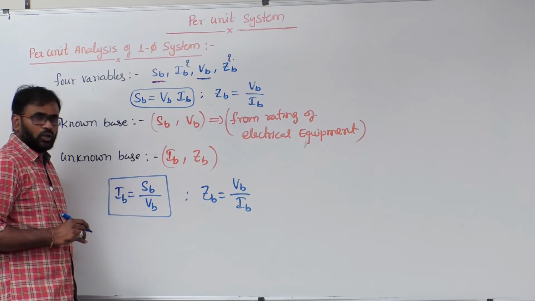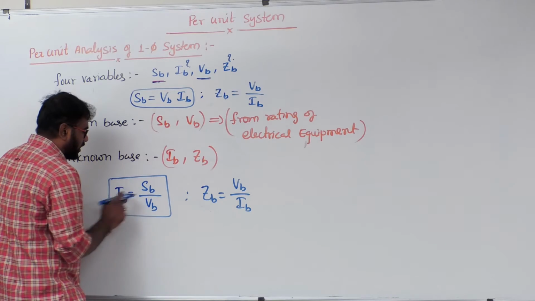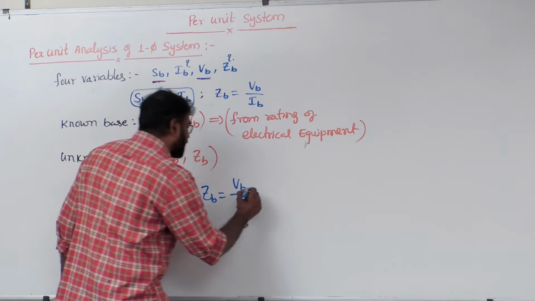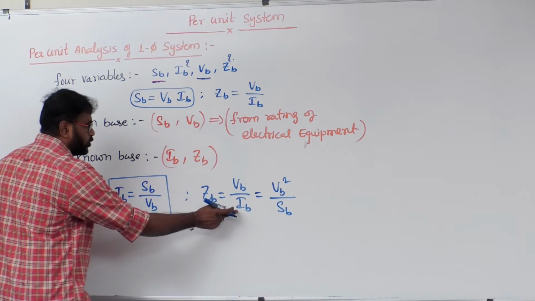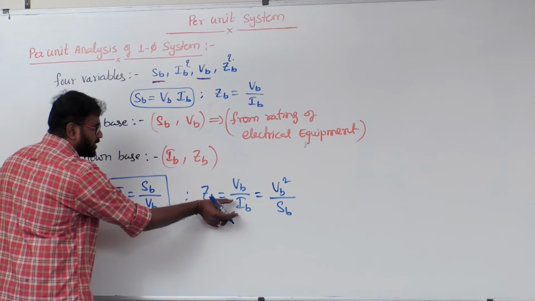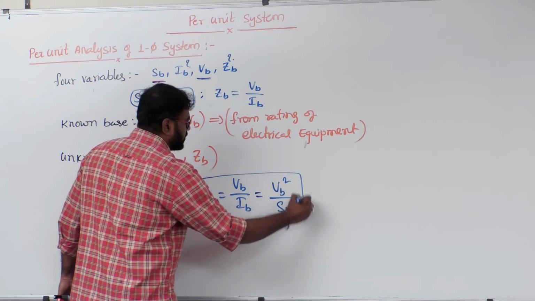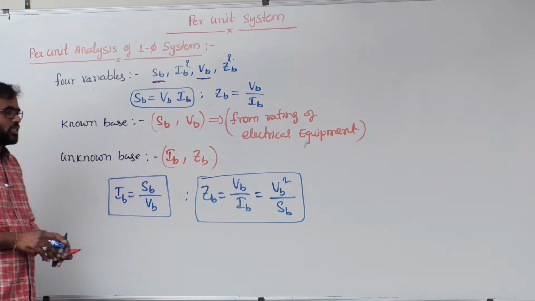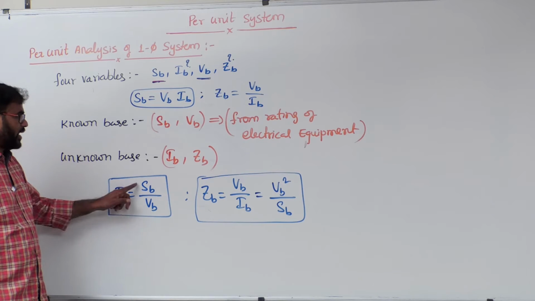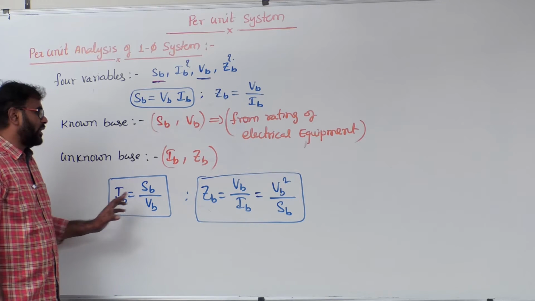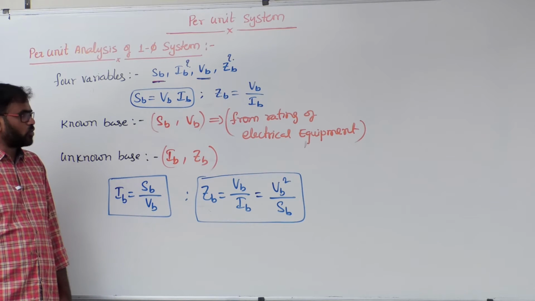Writing Z base in terms of known quantities, substituting I base equals S base by V base, Z base equals V base squared by S base. Clear? So that's how we can calculate the unknown parameters. S and V from the rating, and I and Z using these formulas, we can define the base quantities.